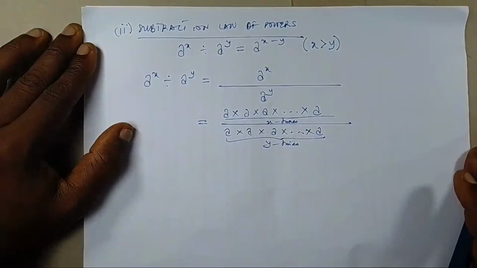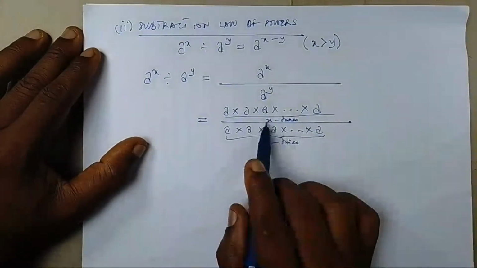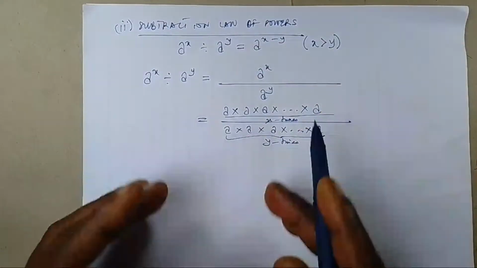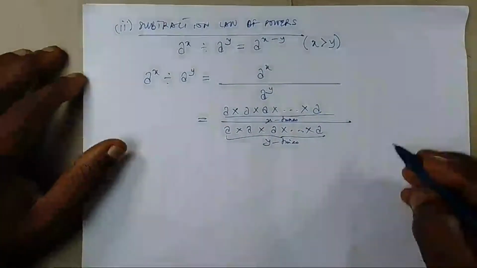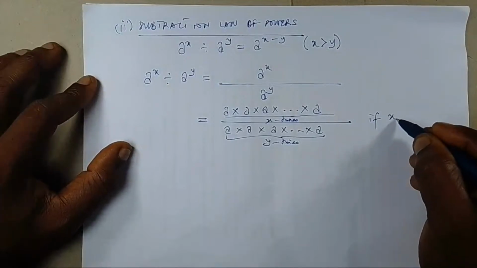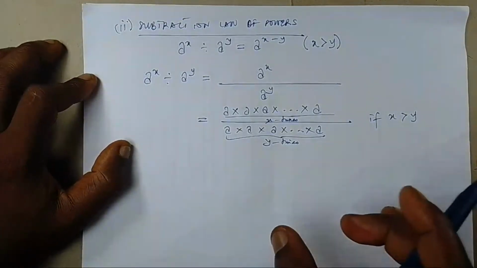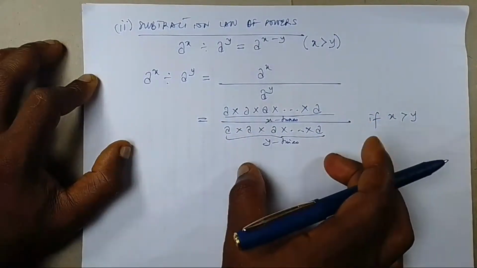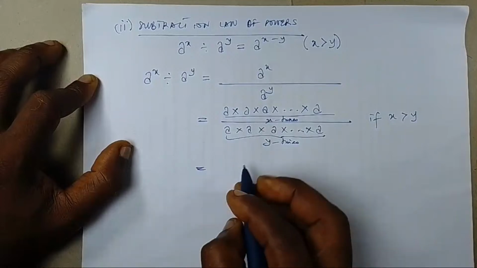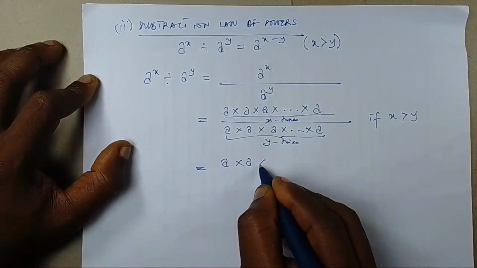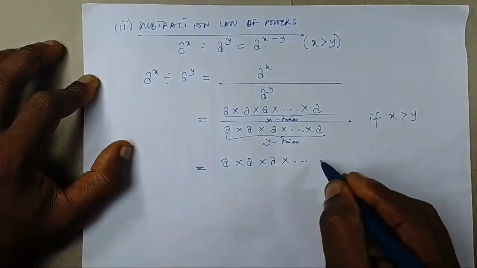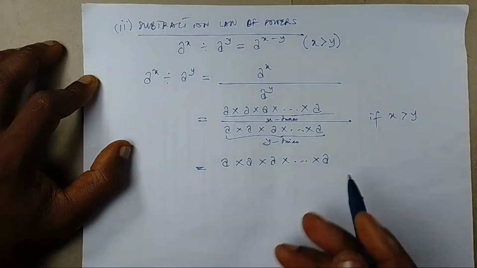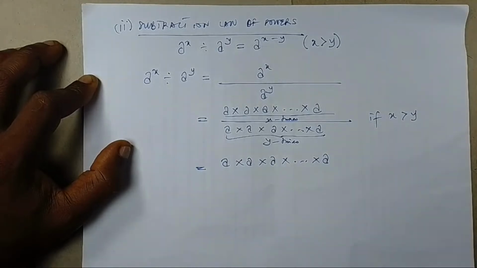Now please take note, if there are x a's in the numerator but y a's in the denominator, and x is greater than y, it means that the number of a's in the numerator will be greater than the number of a's in the denominator, such that you can actually separate it in this manner: a times ellipsis a, x times, but we don't know what x is.